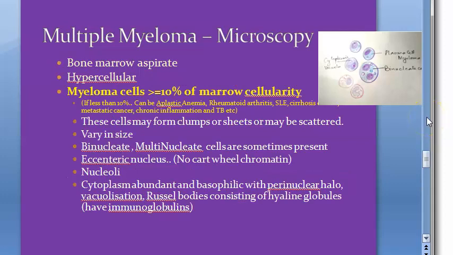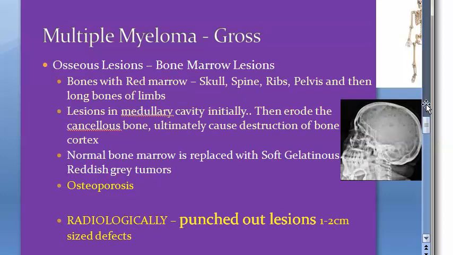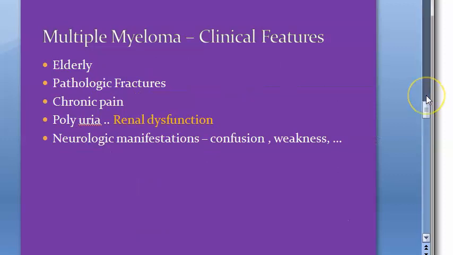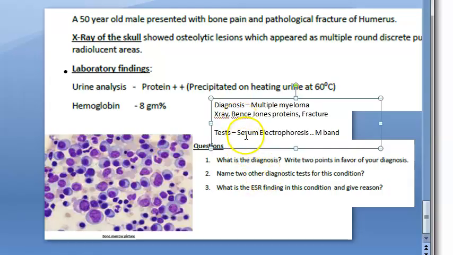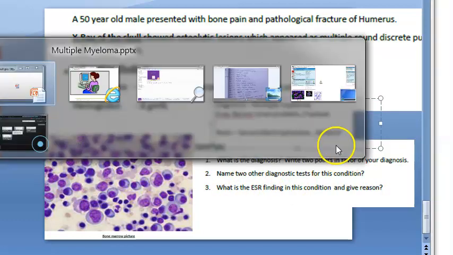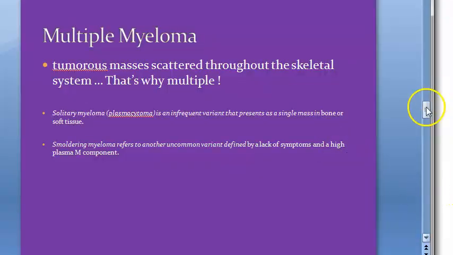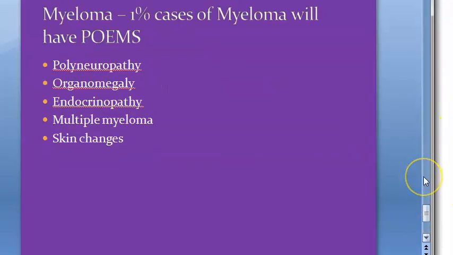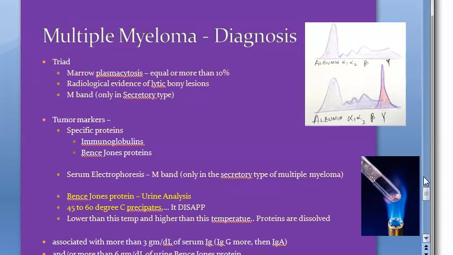Bone marrow picture also they have only given. Then what will you test for? Everything they only gave. Other 2 diagnostic tests they are asking for this condition. What are the other 2 diagnostic tests? Serum electrophoresis, tumor markers. Tumor markers are immunoglobulins.